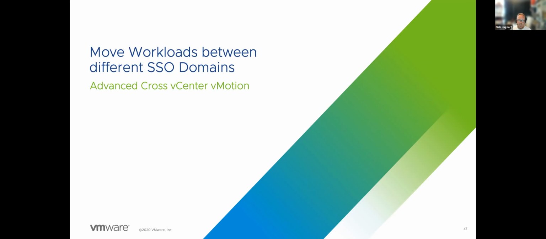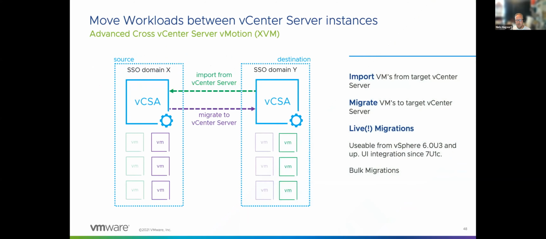This has been a fling since vSphere 6.0 update 3, where we first introduced the APIs in the vSphere stack to make use of this functionality. Now, you might not have noticed, but with the patch release of vSphere 7 update 1c, we introduced this in the vSphere client as well.